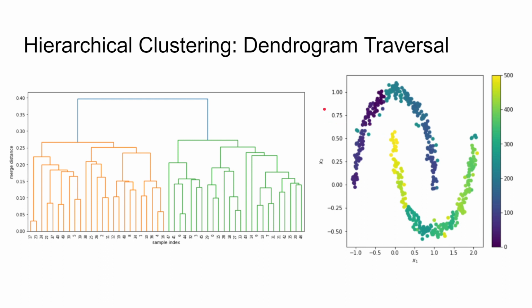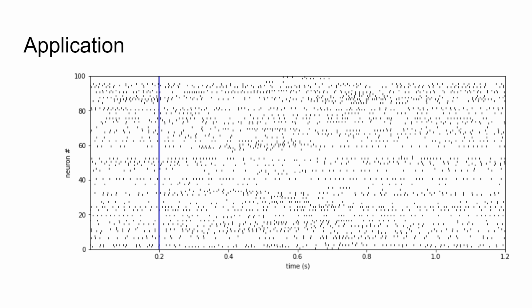This is actually something that I've used somewhat regularly in my own research in a weird situation. To give a particular application where I have found this algorithm handy, what you're looking at here is data from a simulation of neural activity in some task. Time is across the x-axis here.